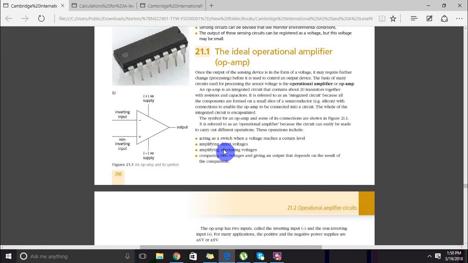So what can it do? Make a functions title on your notes and write: act as a switch when voltage reaches a certain value.